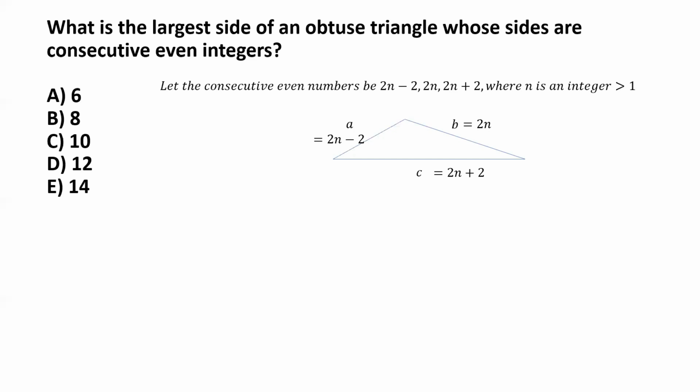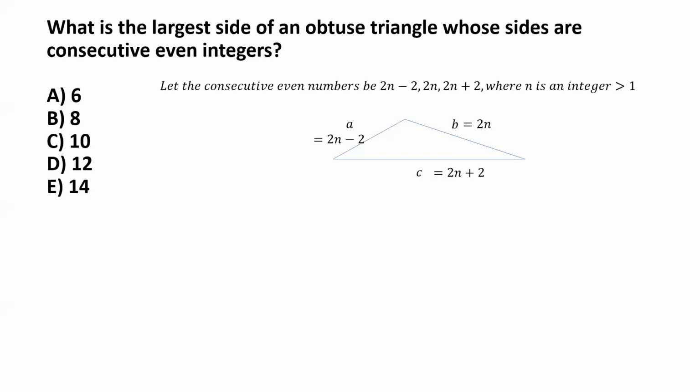Now we know that there is a famous relationship that governs the sides A, B, and C had this triangle been a right angle triangle. And that relationship is basically the Pythagoras theorem, which states that the sum of the squares of the two shorter sides will be equal to the square of the hypotenuse, which is the longest side in a right triangle. There is actually a relationship which is very similar to this for an obtuse triangle.